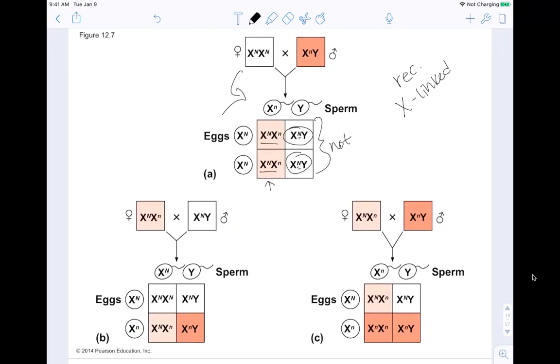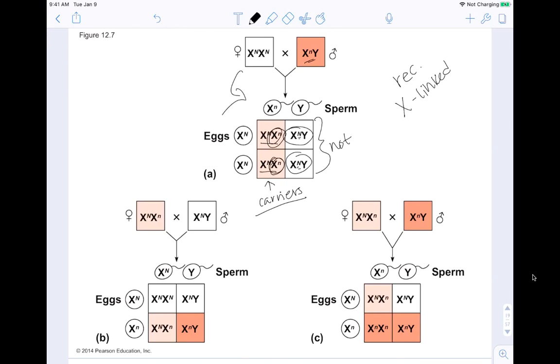This is heterozygous, so these are carriers. This means that they can pass on the trait, but they themselves do not have the trait. They are not affected, but their offspring could potentially be affected, because if it is a recessive trait, they're going to give one of their kids a recessive trait someday, right?